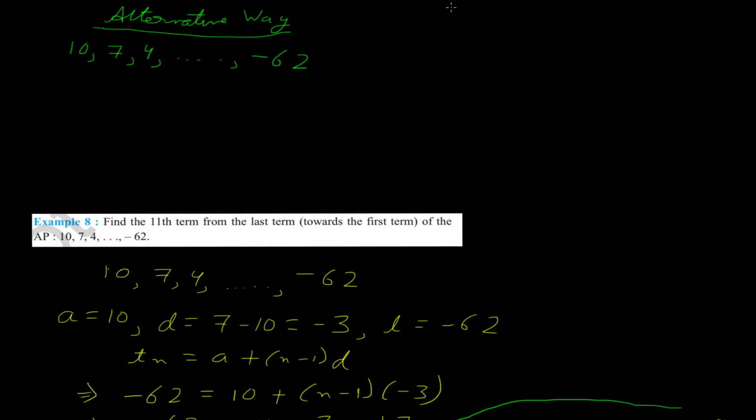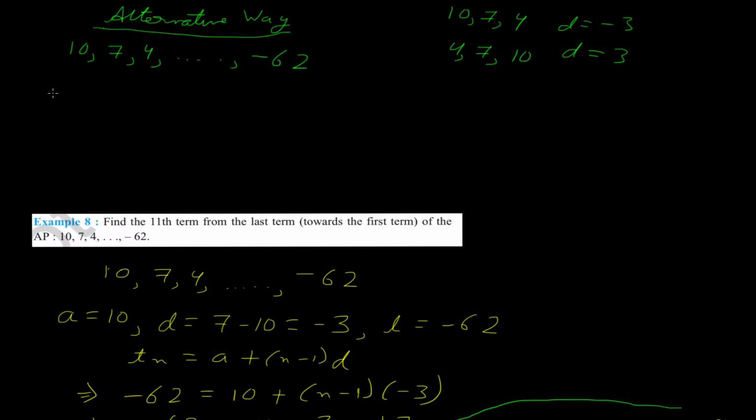If we have, let's say, just these three terms, 10, 7, 4 as our AP. Now if we write it flipped, then what happens? It is still an AP, but here the common difference was 7 minus 10, minus 3. In this case, the common difference becomes 7 minus 4, which is 3.